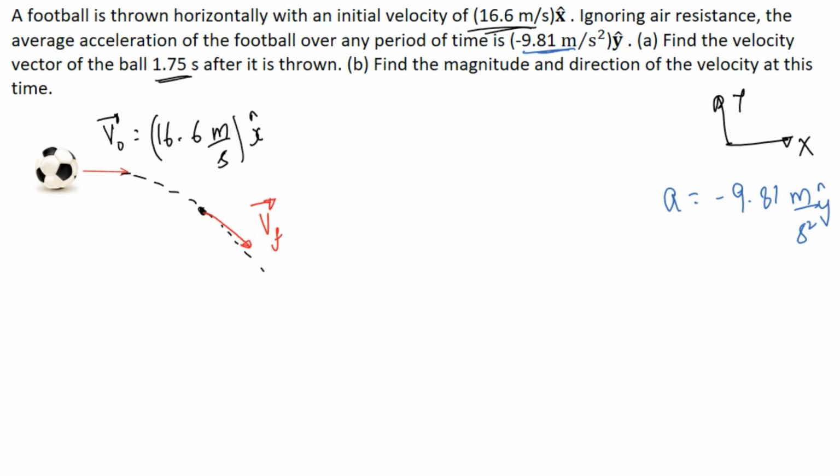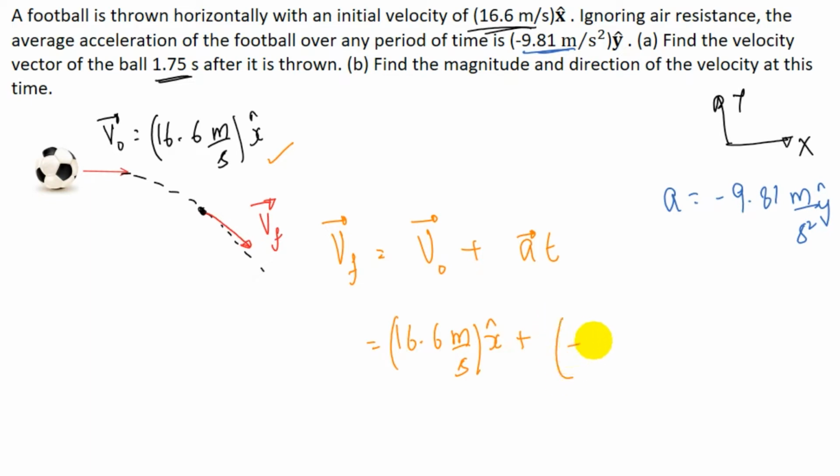Now we're going to use the equations of motion here. We can write that the final velocity vector is equal to the initial velocity vector plus the acceleration vector multiplied by time. Now v naught we are given, so this is 16.6 meter per second x cap plus the acceleration, minus 9.81 meter per second squared y cap, multiplied by time, which we take to be 1.75 seconds.